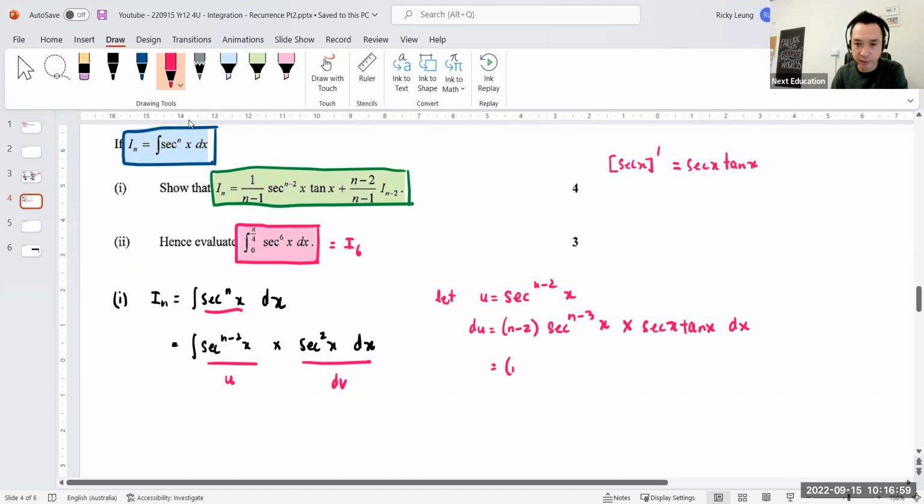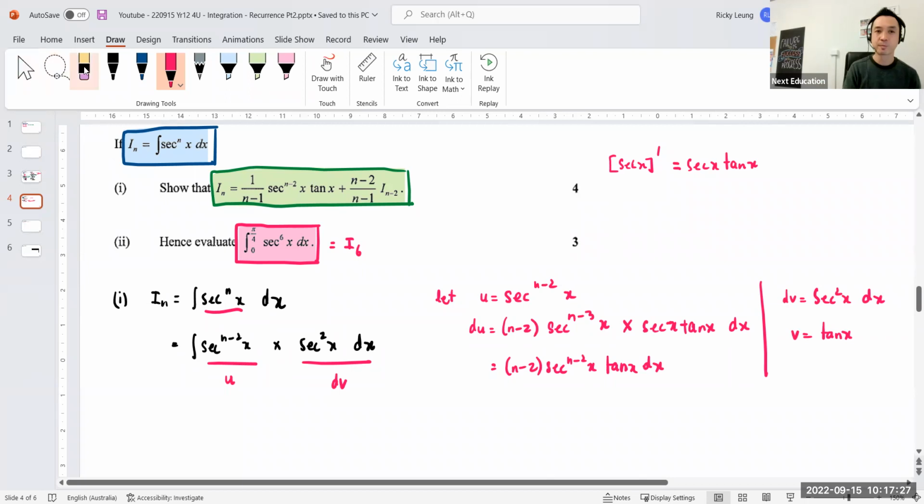That equals n minus 2 sec^(n-2) x tan x dx. By the way, the second one is much harder than the cos, just putting it out there. dv equals sec squared dx, integrate both sides, equals tan x. We know that from the first slide. Perfect. Common tools, right?